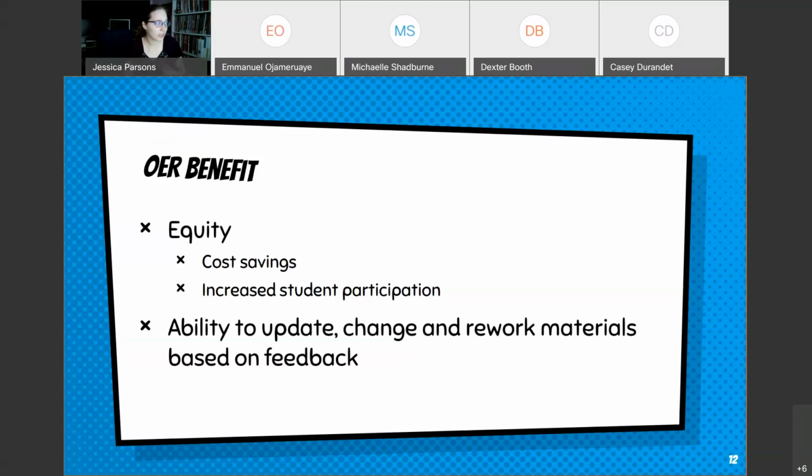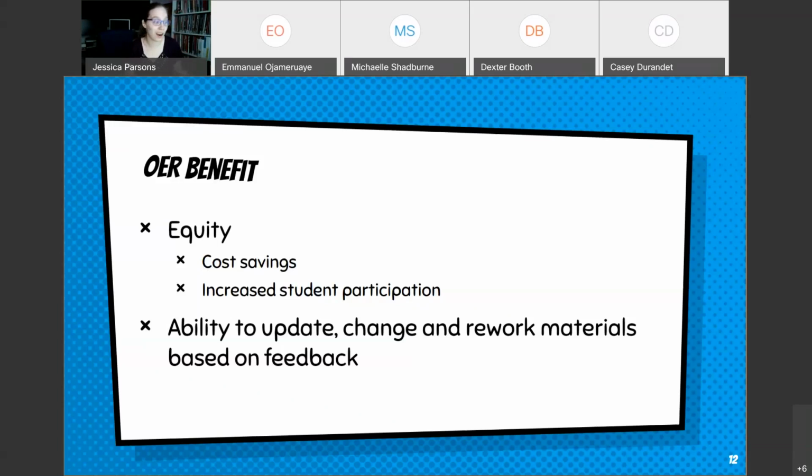Another benefit to OER is the fact that you have control about adding things to your textbook, especially real world events. Our world in this past year has changed so much in so many different areas, the way that we do business, the way that we interact with other people. So giving our students the ability to learn from real world current events is an amazing opportunity.